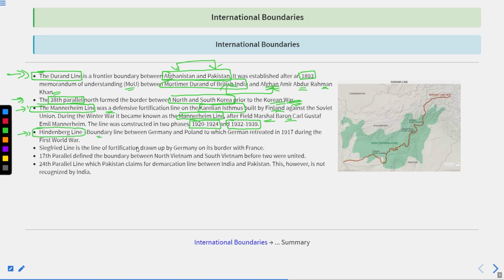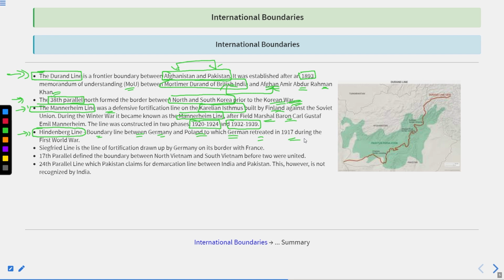That was the boundary line between Germany and Poland, to which the Germans retreated in 1917 during the First World War. So we know in world history we had two world wars. The first between 1914 and 1918, the second between 1939 and 1945.